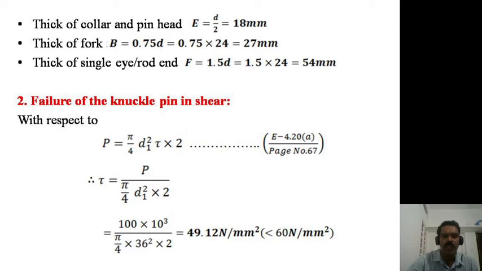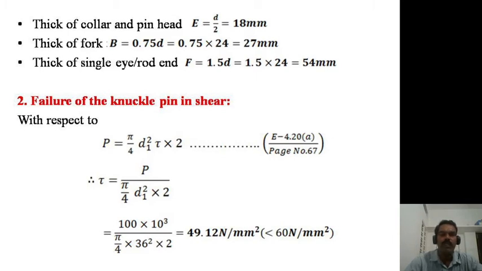So what is the formula? Here load is equal to area into stress, multiplied by 2, because the shearing effect is at two sides. So P is equal to area into stress into 2.